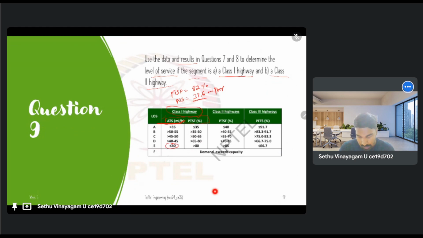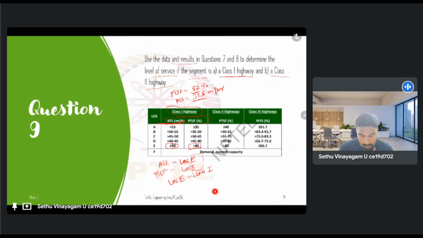So according to ATS, LOS is E. Then looking at PTSF, which is 82%. So 82% is more than 80, right? So according to PTSF, also this is LOS E. So these both agree. So the overall LOS is E for class 1. If it is a class 1 highway, it is operating at level of service E.